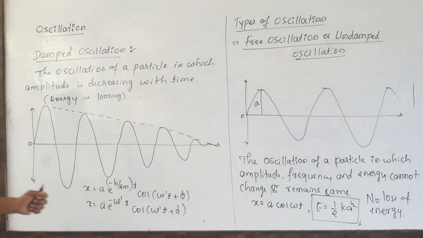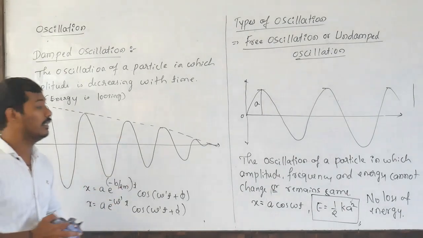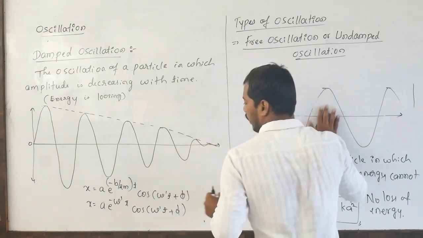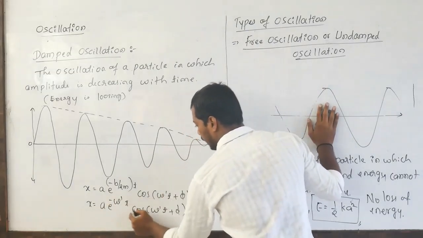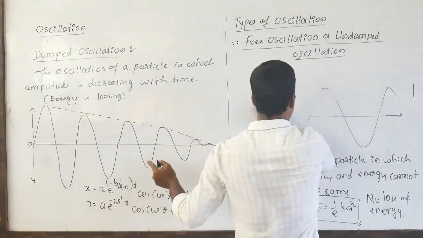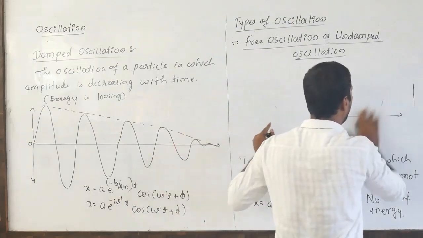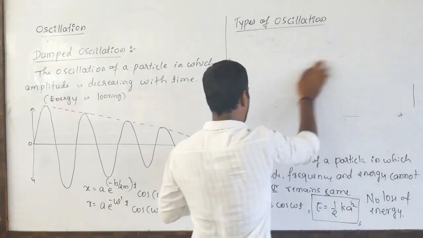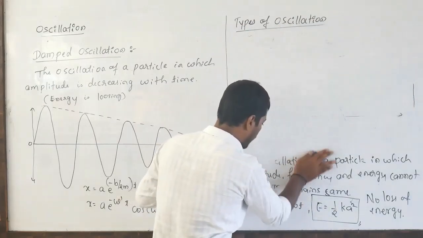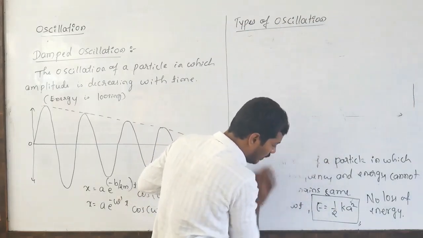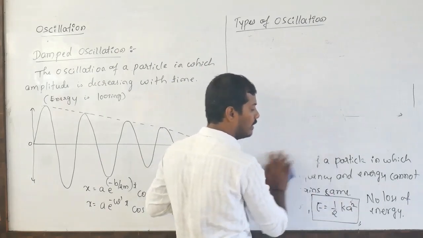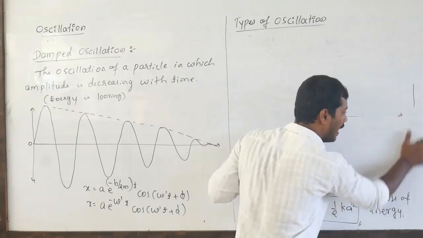The next is the equation, then what about the energy? Its energy is simple. Here this complete form is an amplitude. Then the energy of that: we already wrote that E is equal to 1 by 2 k A square, where A is the maximum displacement.